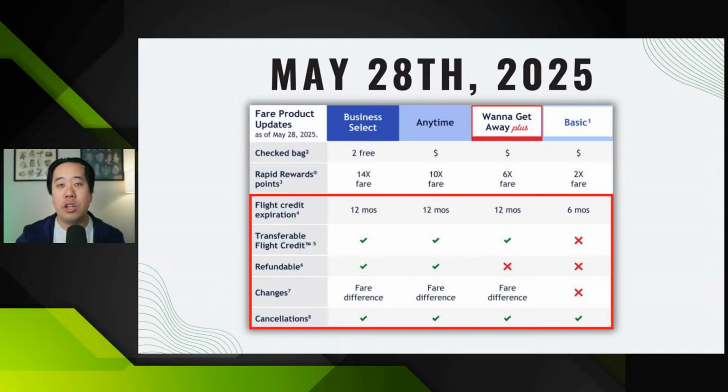Obviously, some of us also use the Platinum credit for various reasons, and that also affects this. But essentially, the 6 months on the basic is very, very restrictive, because not only does that basic fare not give you a flight credit, it also doesn't give you any other benefits.